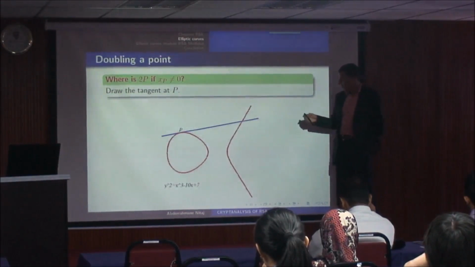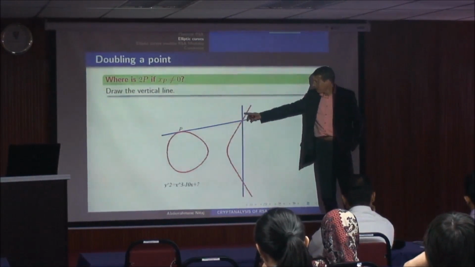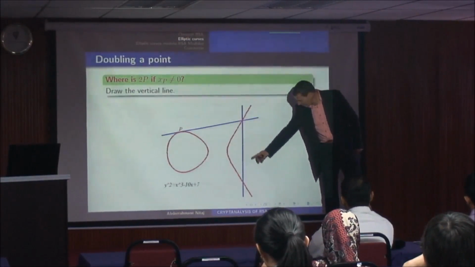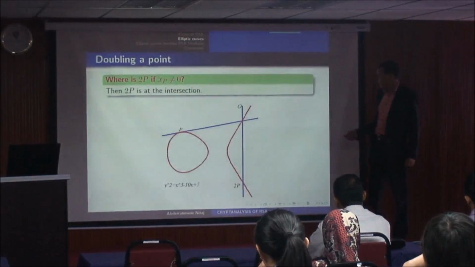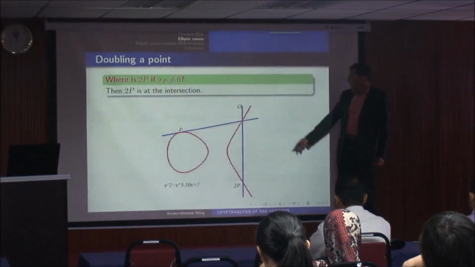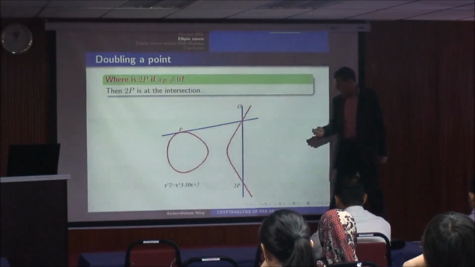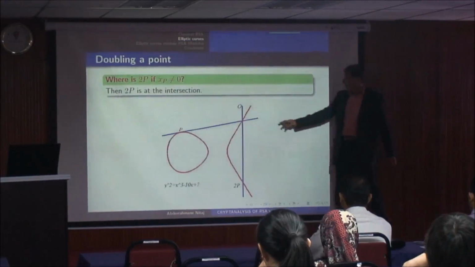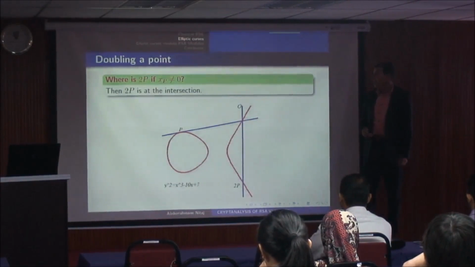We draw the vertical line at this intersection, and the vertical line will intersect the curve at another point, and this point is 2 times P. So if you have 1 point P, you can get 2 times P on the same curve by using first the tangent line and also the vertical line.